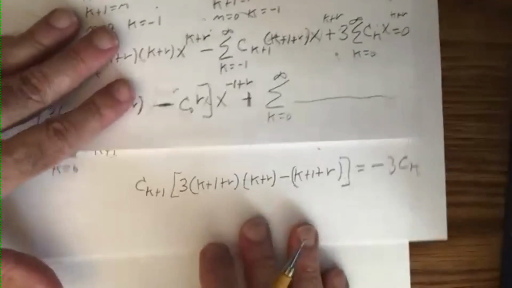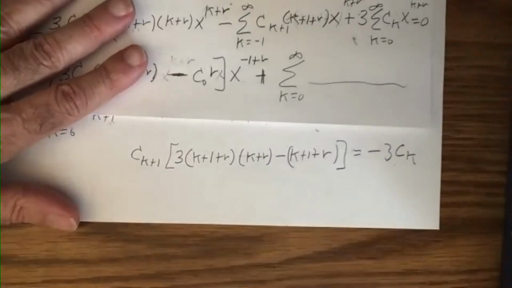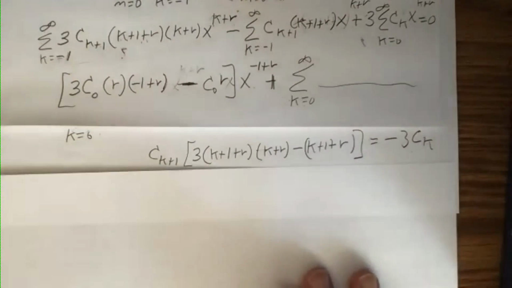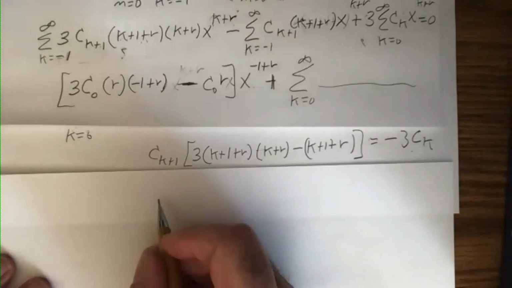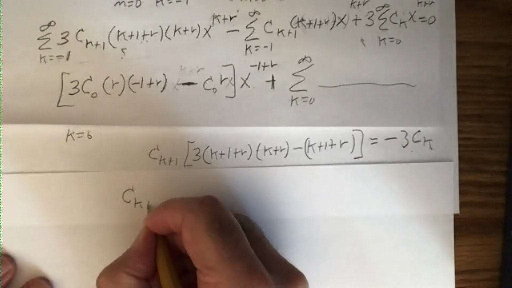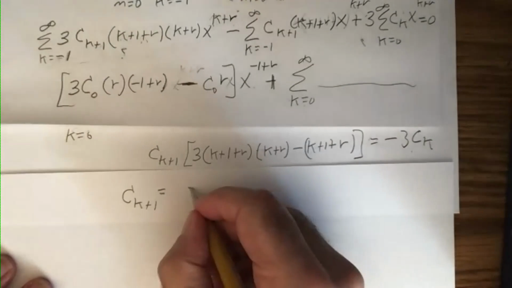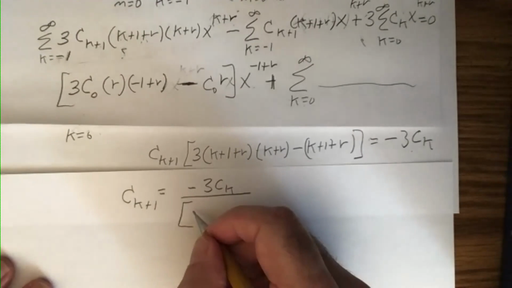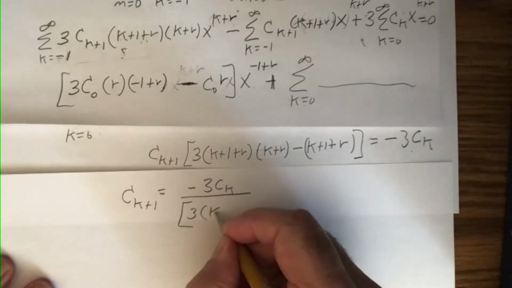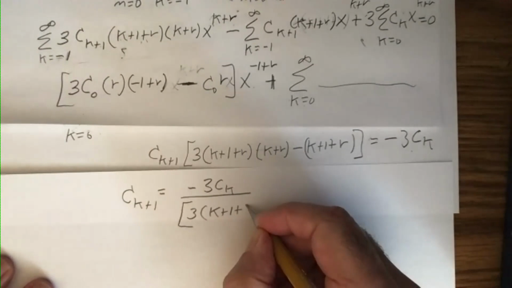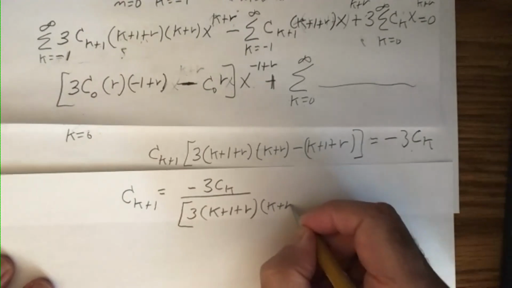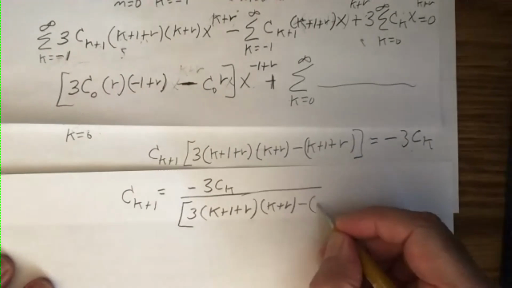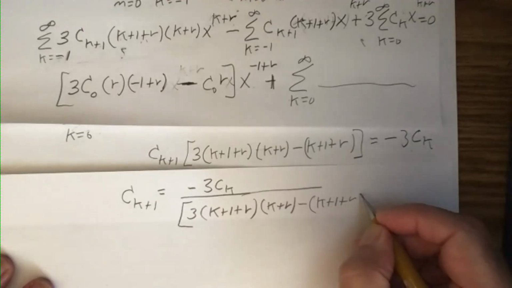So my recursion relationship is that C subscript k plus 1 is equal to minus, and then down here I get 3 times (k plus 1 plus r) times (k plus r), minus (k plus 1 plus r).